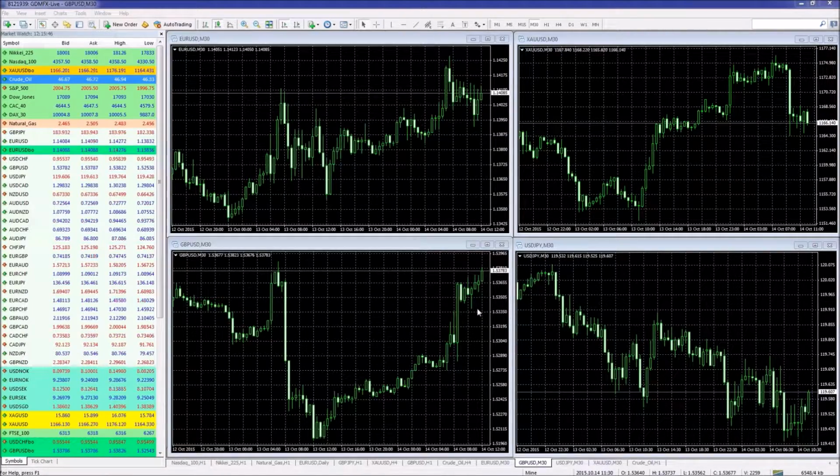Usually, the pairs that we select are connected to the US dollar. So why is that? Because usually the news that are released with high importance are with major impact over the US dollar. So it doesn't matter if you're waiting news from Europe.